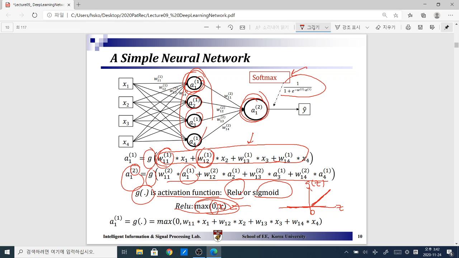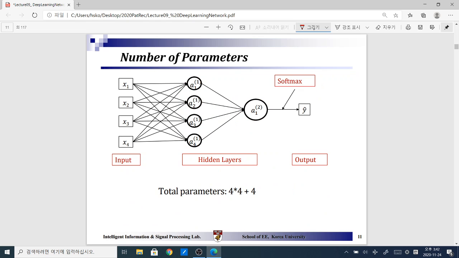Consequently, we can say ReLU is essentially the max between 0 and z. Okay, so this was just a recall of what we have had in terms of understanding the artificial neural net and how it is represented.